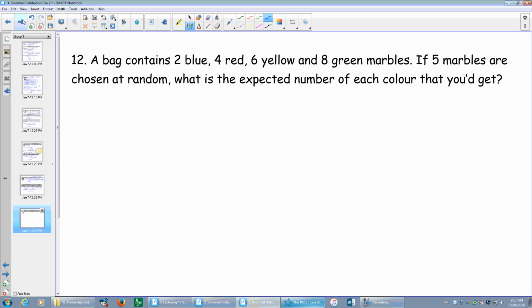So this is like a 4-part question. I have to figure out for blue, red, green, and yellow. So if I look here, I have if 5 marbles are chosen at random, so n will be equal to 5.